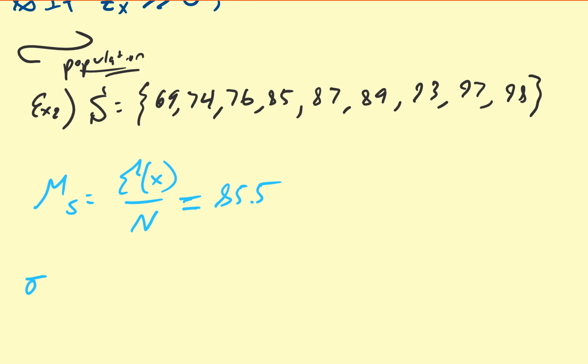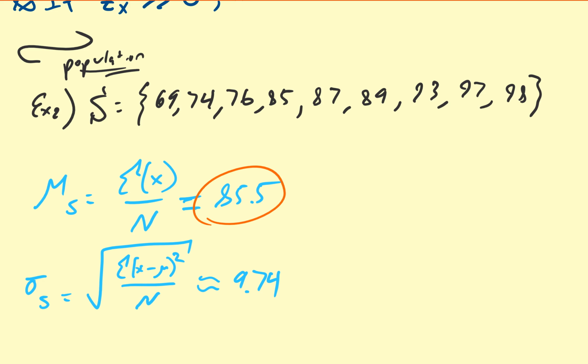And the standard deviation of our data set is going to be the square root of the sum of all our values subtracted from the mean squared, divided by n. And that's going to be approximately equal to 9.74. Since this is my mean, I can say that the z-score for 85.5 is going to be equal to what?